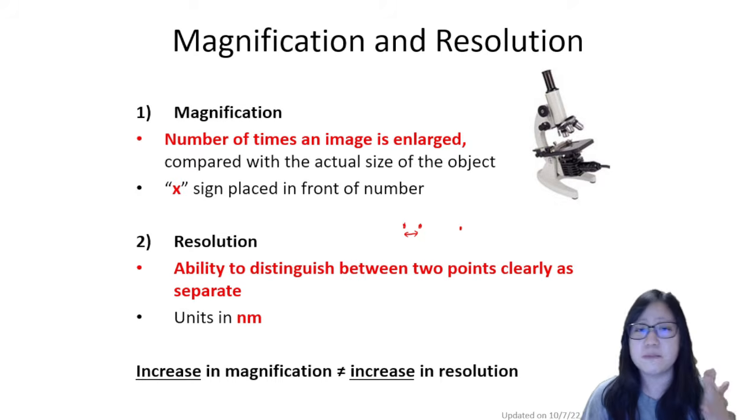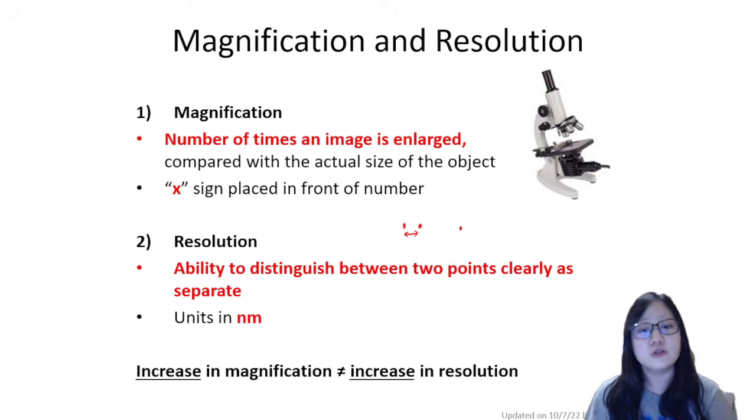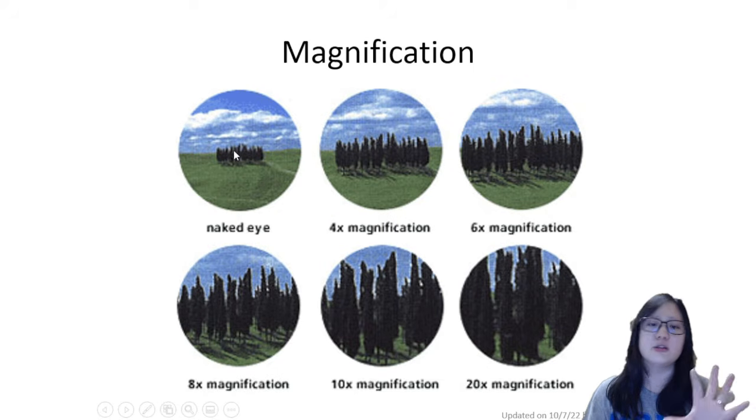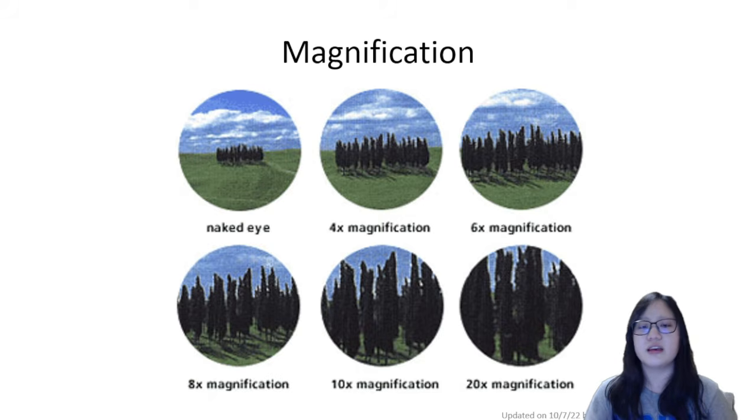Now, an increase in magnification does not equal an increase in resolution. Let's look at this image, for example, right? This is magnification increasing in each image. At first, it looks quite far away. Once you enlarge your picture, maybe using a camera, it seems nearer, but in fact the image has just been enlarged up to 20 times.